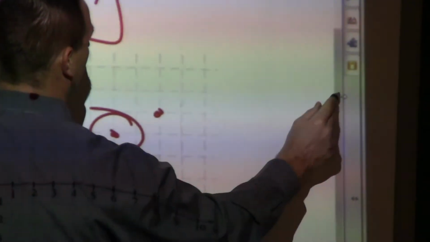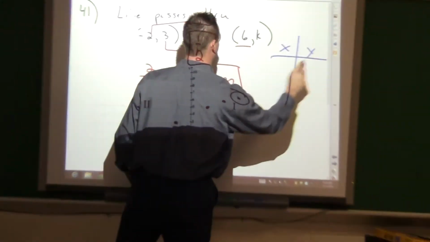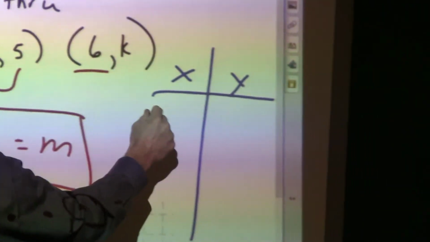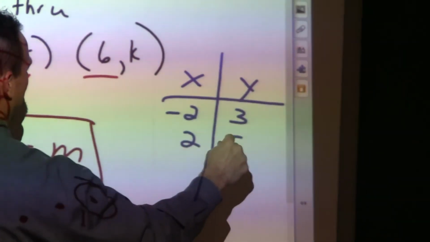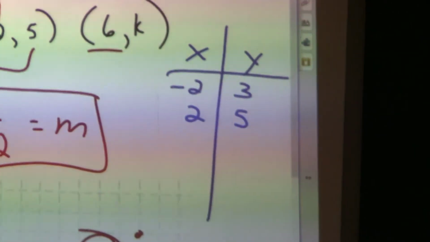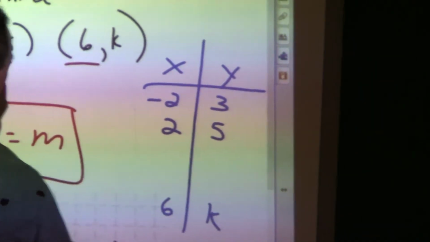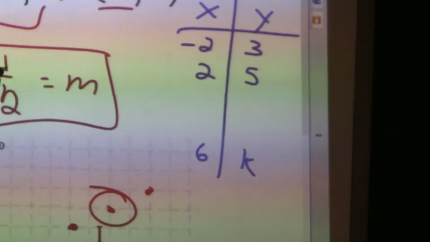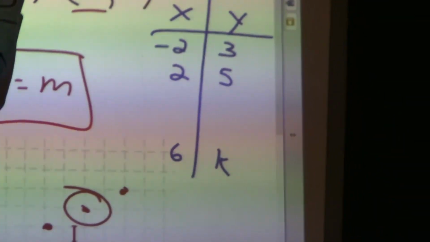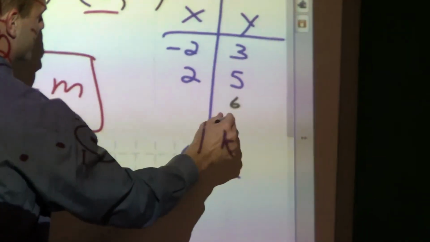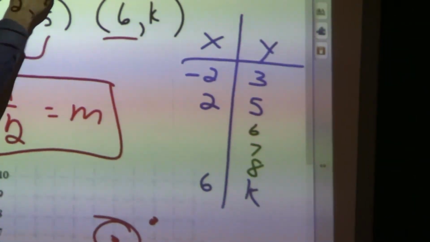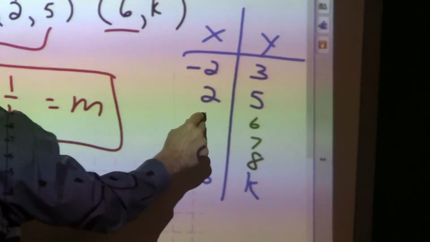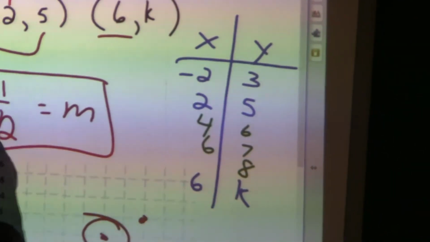That's one way to do this, by using the graph. Another way would be to use the table. If I already know that negative 2, 3 is an answer, and 2, 5 is an answer, I can see a pattern here of a change of 1/2, where the y changes by 1: 6, 7, 8, and the x-coordinate changes by 2: 4, 6.